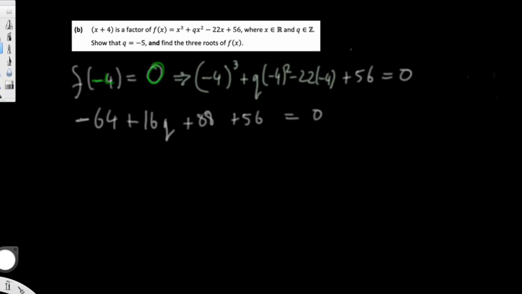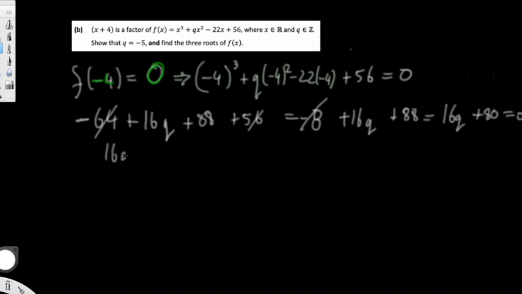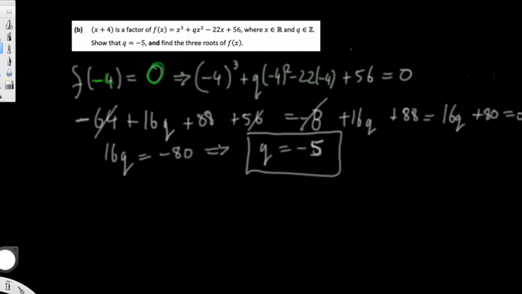Let me just take the 56 with the 64 first of all. They'll cancel and give me a -8. So I'll have -8 plus 16q plus 88, and then the 8 will cancel with this one here. So that'll be 16q plus 80 equal to 0. Then 16q is equal to -80, and divide across, and q is equal to -5. Okay, so that was the first part, to show that q is equal to -5.